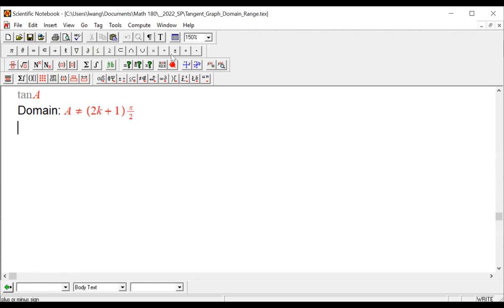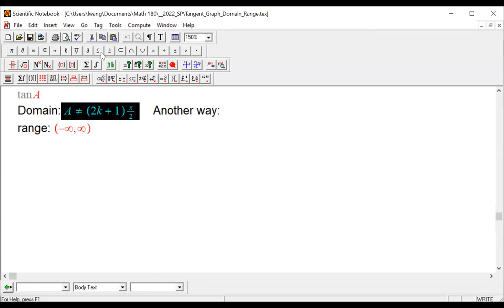Okay, and the range is from negative infinity to positive infinity. Another way to express the domain is using 2k minus 1 times pi over 2. That's often used, but I think this one is more common.